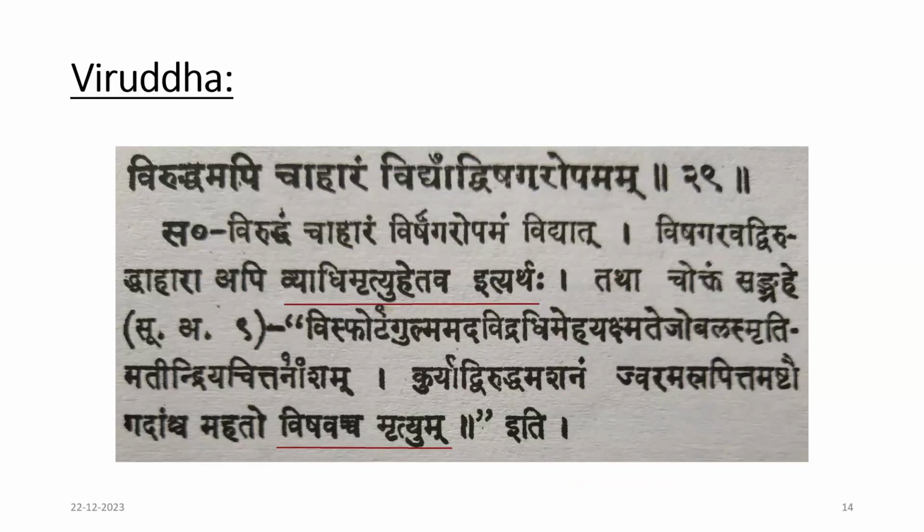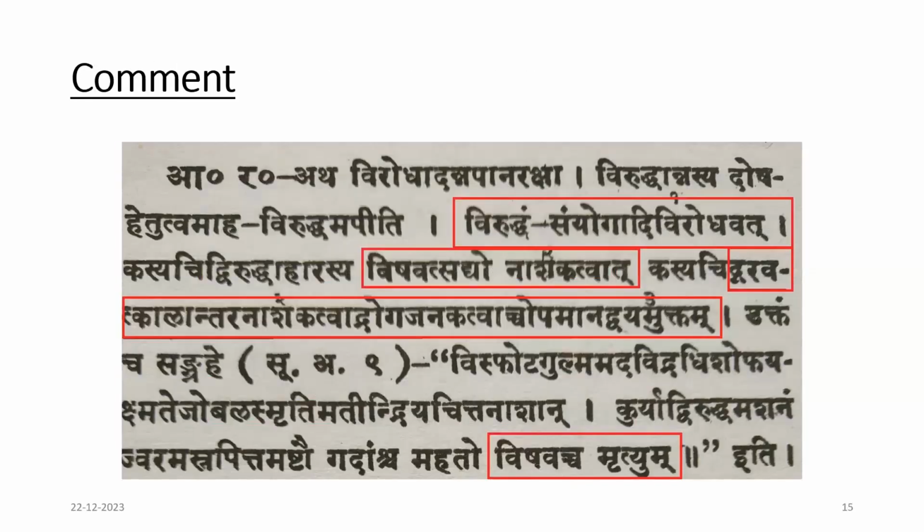All these are complications. But many of us forget that a case of Viruddhahara, where we mentioned Avishad Dravya Samyoga, is Viruddha. The third line of the commentary: Garavat Kalantara Nashakatvat Rogajanakatvat Cha Upamana Dvayamuktam.